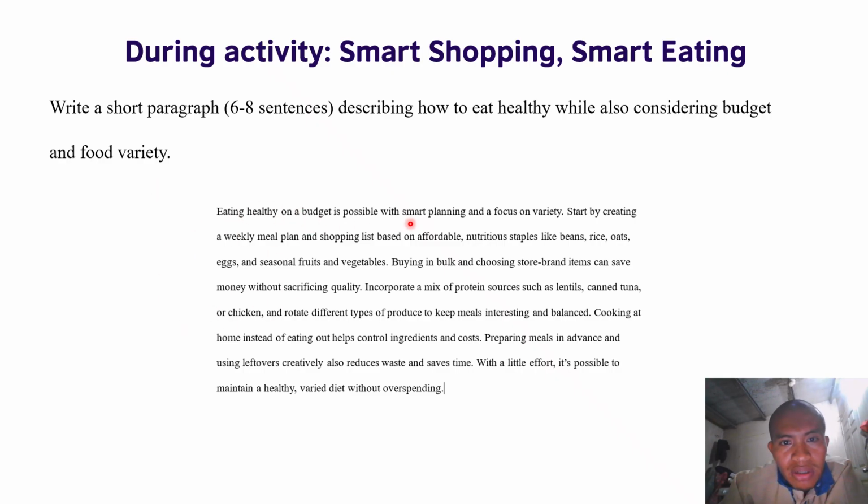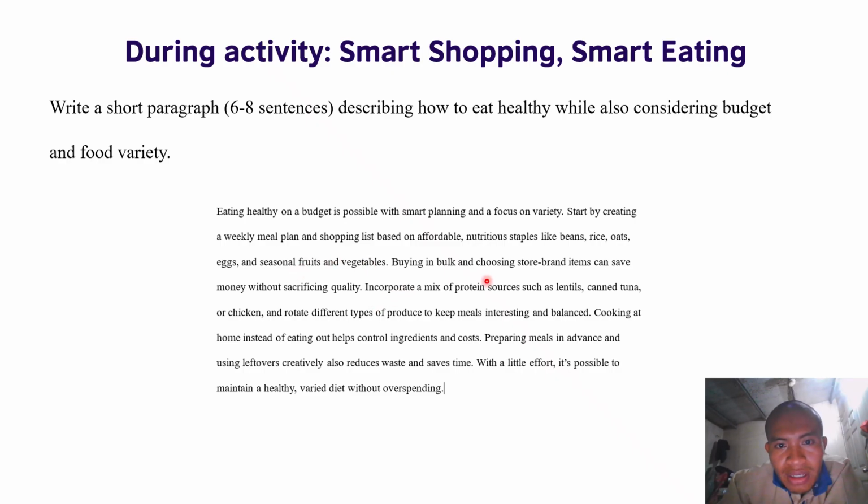Eating healthy on a budget is possible with smart planning and a focus on variety. Start by creating a weekly meal plan and shopping list based on affordable, nutritious staples like beans, rice, oats, eggs, and seasonal fruits and vegetables. Seasonal fruits can be like avocado.